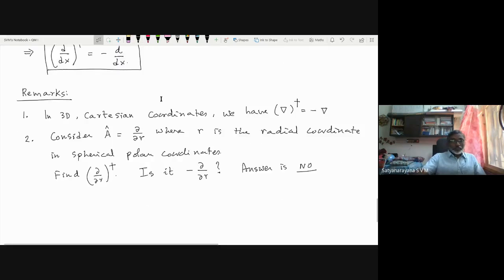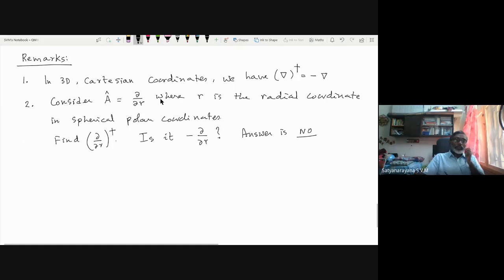Now when you want to find this out, you have to talk about an inner product. So we start with some functions, f of r, and we have to ask what kind of function, what kind of space. Here we have functions of r, the radial coordinate.